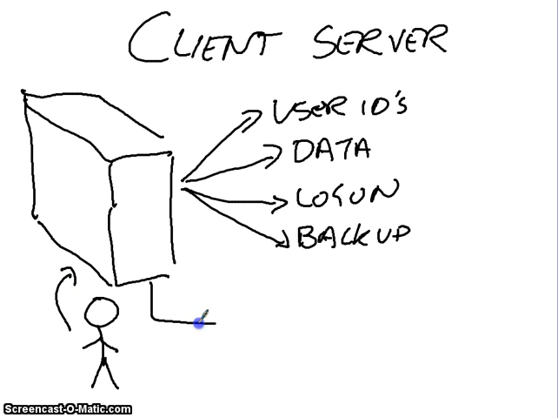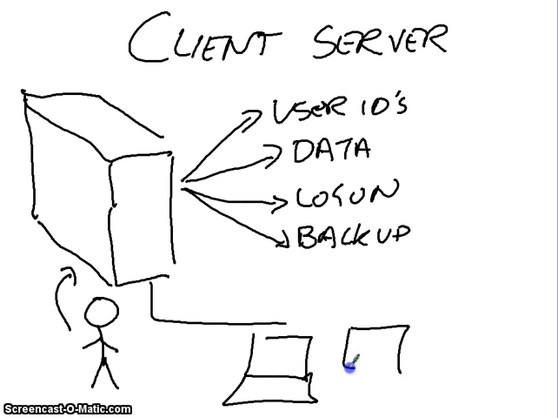At the bottom of the server you have a load of machines. There's my brilliant computers, there you go. And these are called clients, because basically the server is the boss and he looks after his clients.